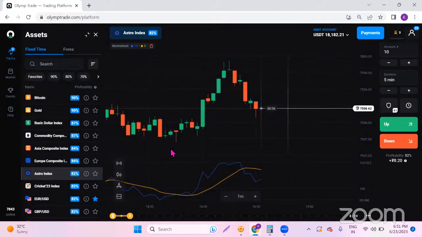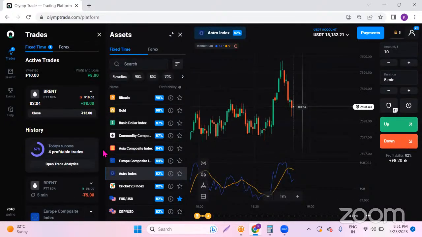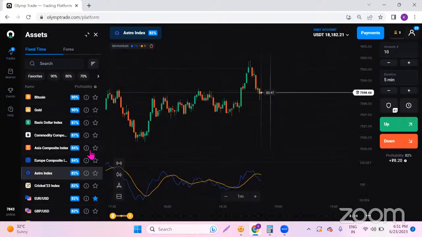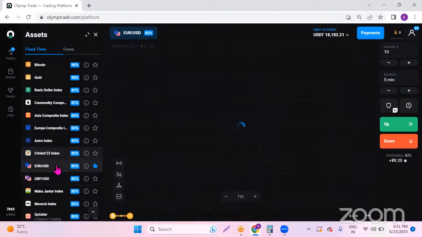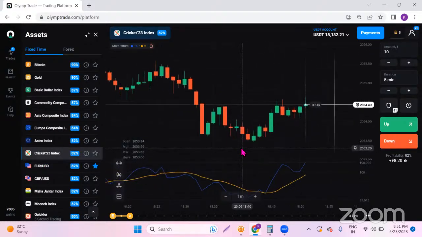So let's see what happened to our trades. This trade is still positive, but we have more to recover because we lost the previous trade. So yes, let's find some assets that would help us recover our losses at the moment. The thing is, over here also, we have a signal, but it is not a stable signal, guys.